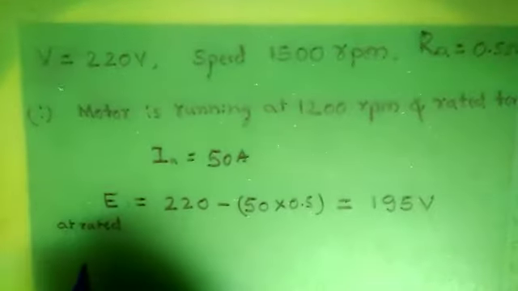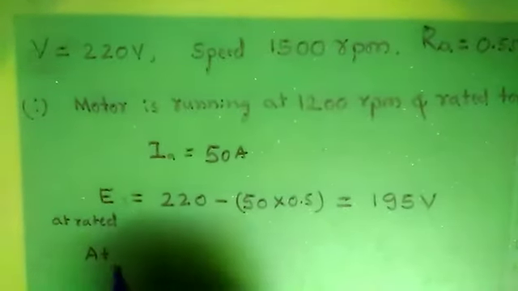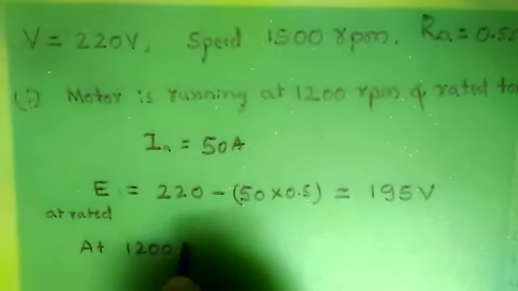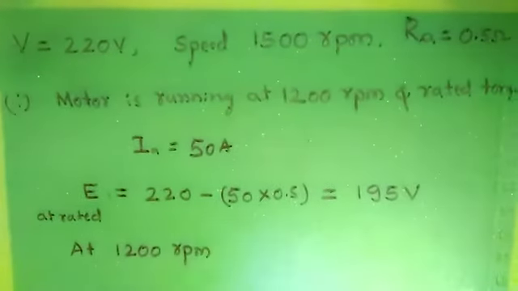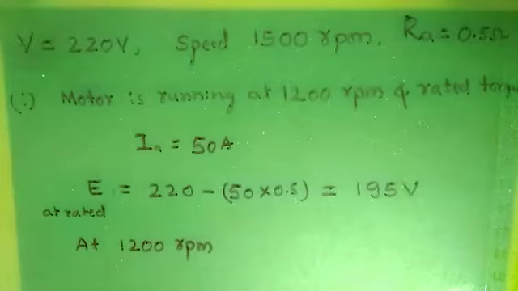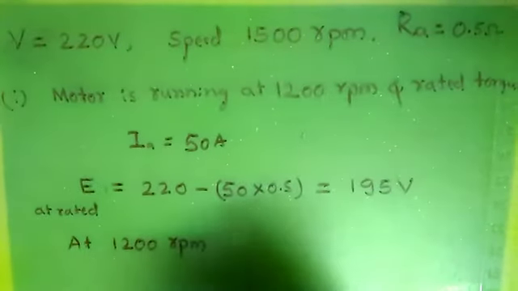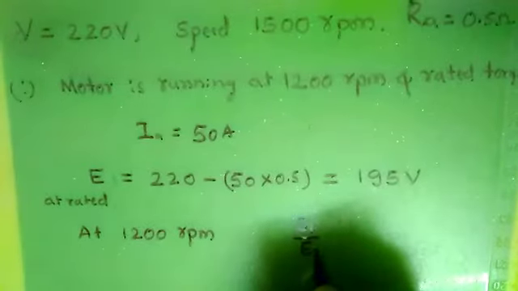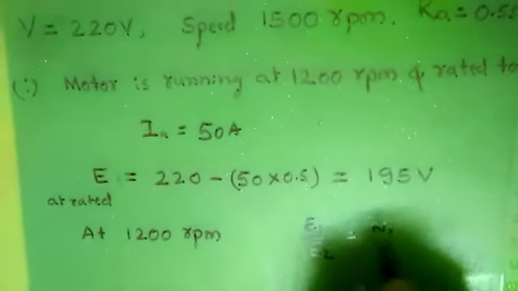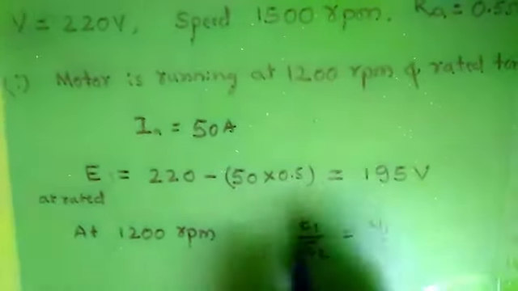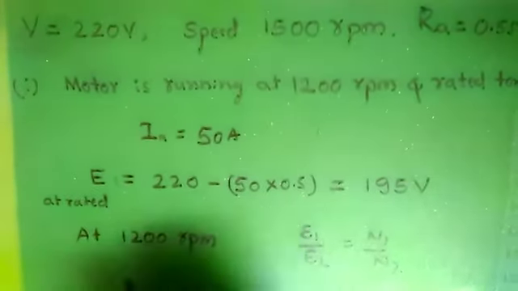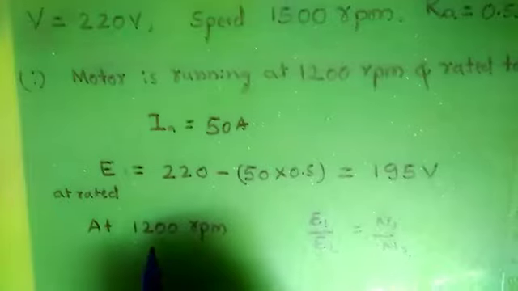Now at 1200 rpm, what is the back EMF? From the simple equation, E1 by E2 is equal to N1 by N2, where E1 is the rated back EMF and E2 is the back EMF at 1200 rpm.